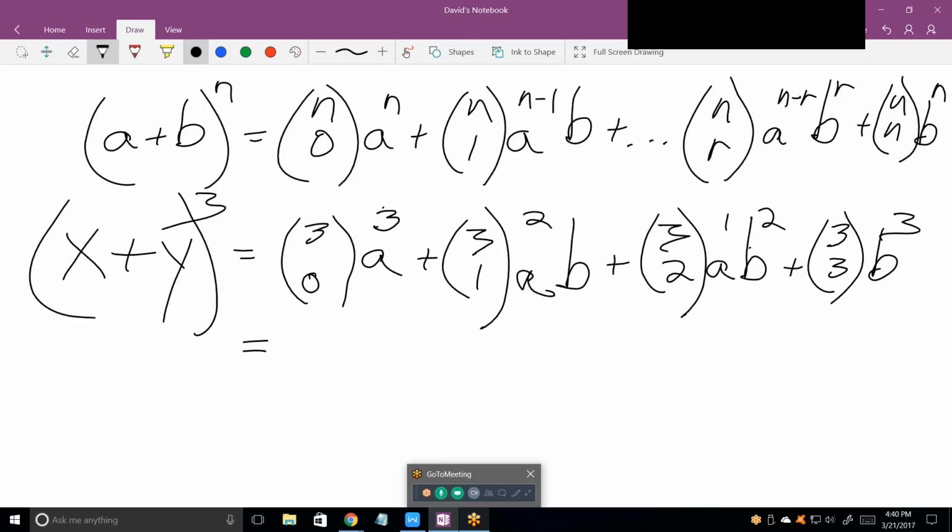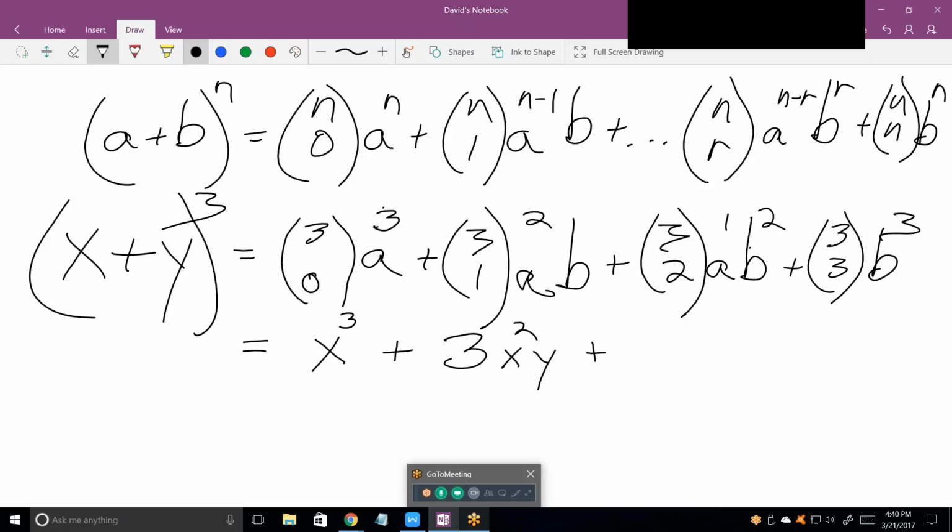Now, let's substitute. First of all, what's 3 choose 0? Just 1. Correct. And a is x, so this becomes x cubed. What's 3 choose 1? 3. B is y.